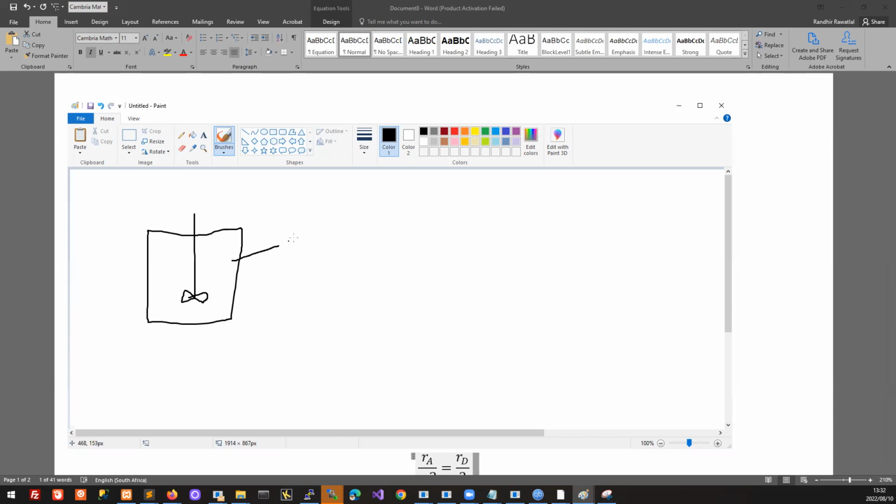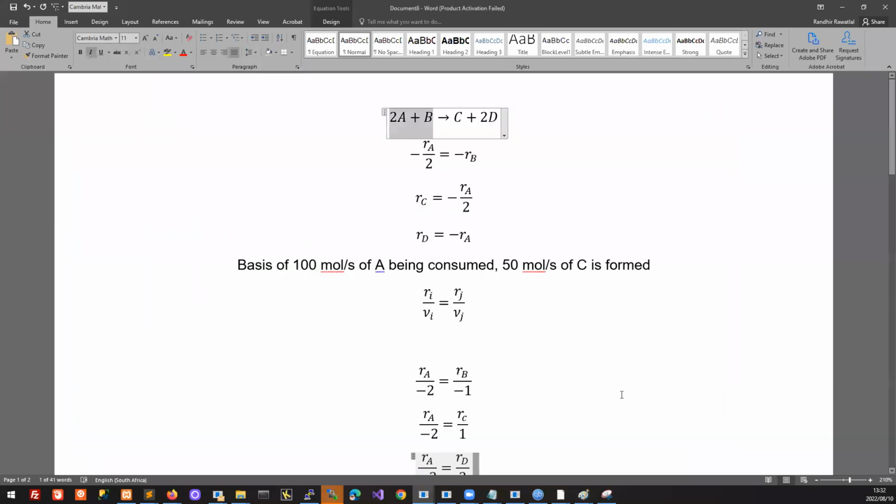So XA is generally different to XB and to XC and so on. We don't want to have to define a conversion for every single component like that. So instead, we'll pick one out of our components, and we'll reference all the other changes with respect to that.